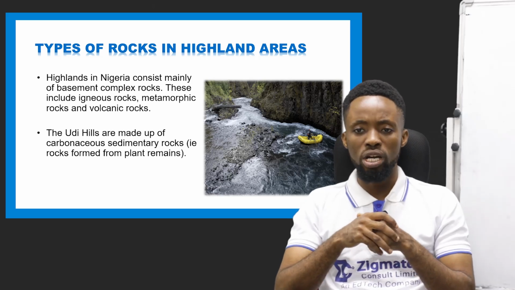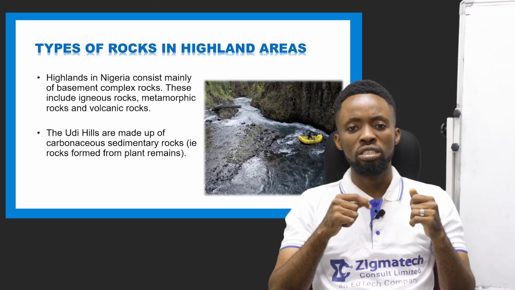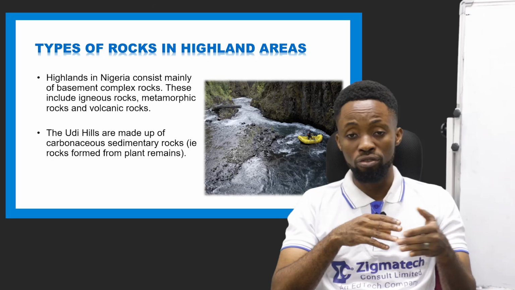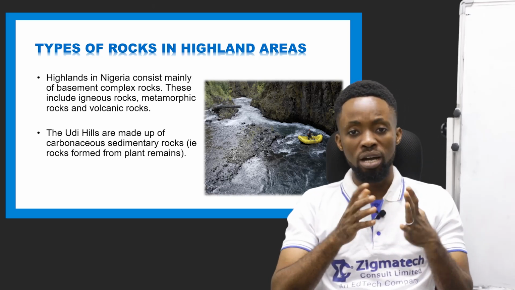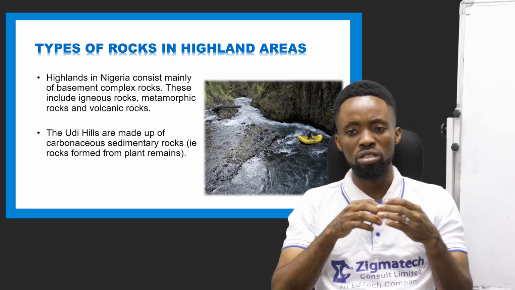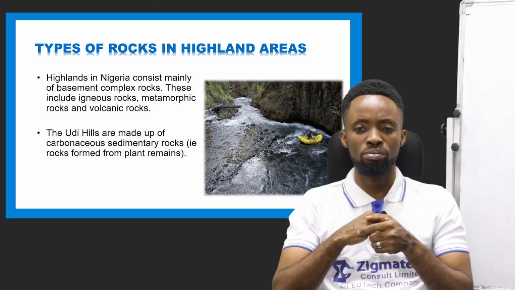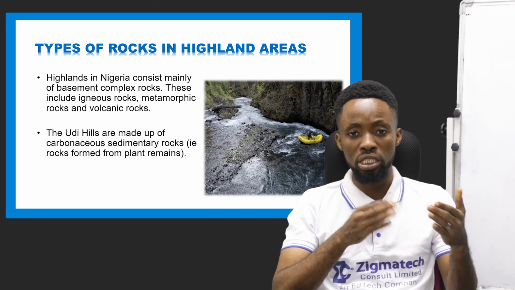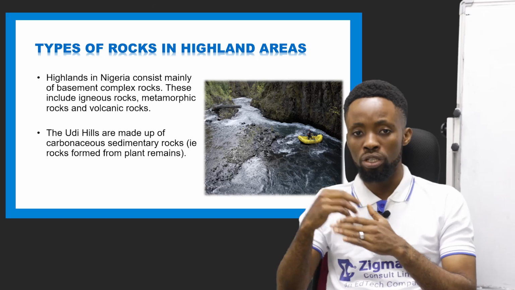And when we look at the Udi Hills in the east, you see that the type of rocks we have in this area of Nigeria is actually made up of a sedimentary component. So the rock in Udi Hills is carbonaceous in the sense that it is made up from dead plants and dead animals that died long ago.